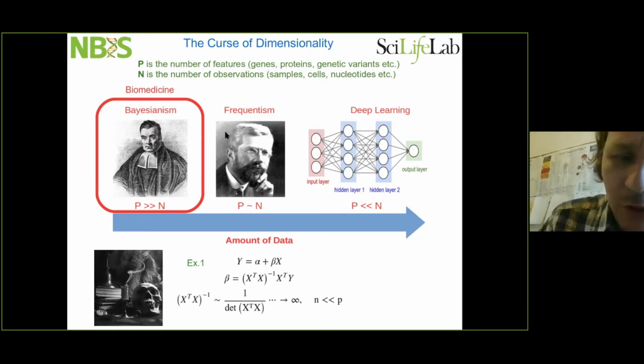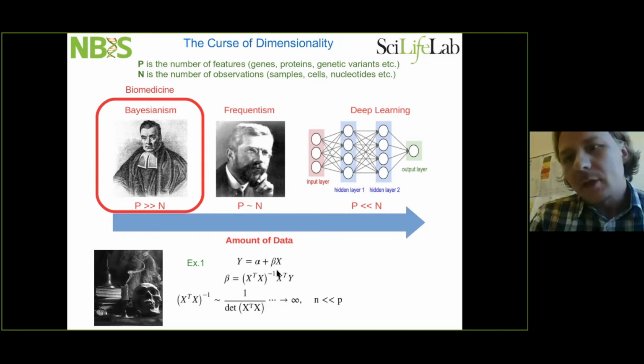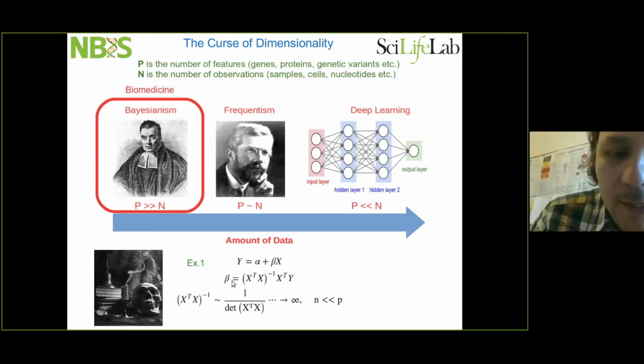due to the curse of dimensionality. If you run a simple logistic or linear regression, if you train a logistic or linear regression classifier, you want to establish a connection between your data, which is maybe genetic variation data X, and your phenotypic variable Y, maybe disease status, sick or healthy, or bad cells, good cells, and ugly cells. This linear regression problem can be solved in closed form in this way.